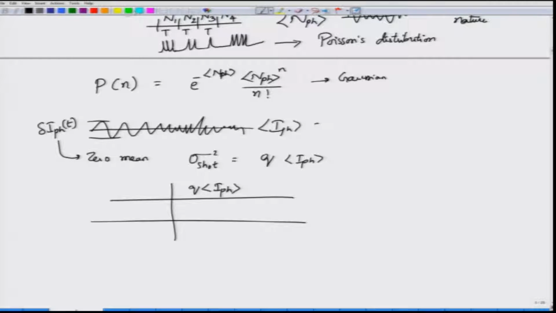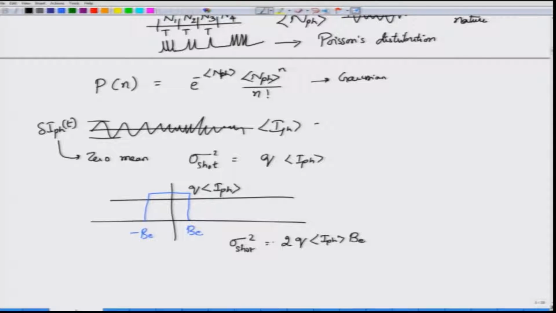However, if you now put in a filter whose low pass bandwidth is BE, the total power contained within this bandwidth will be given by 2q IPH, which is the mean photocurrent, times BE. Okay. So, this is your shot noise variance.